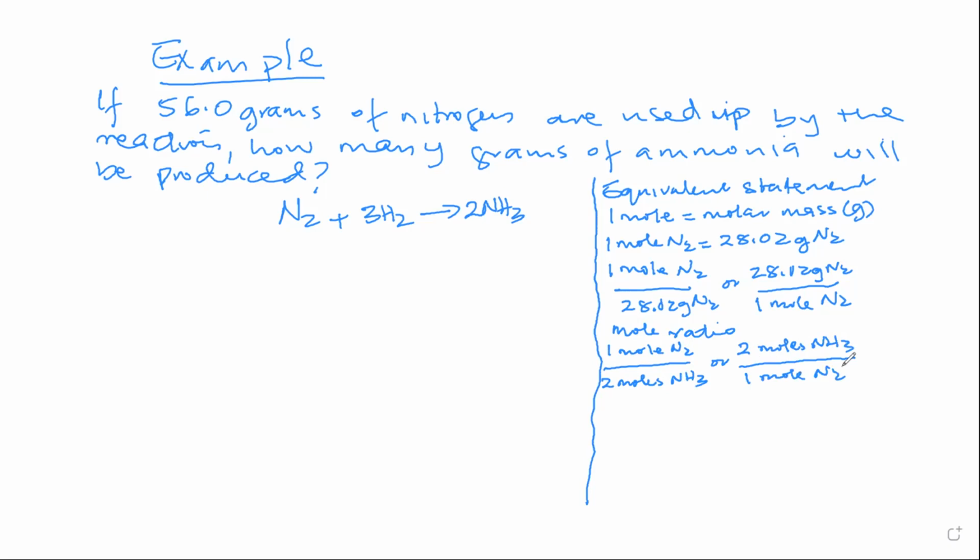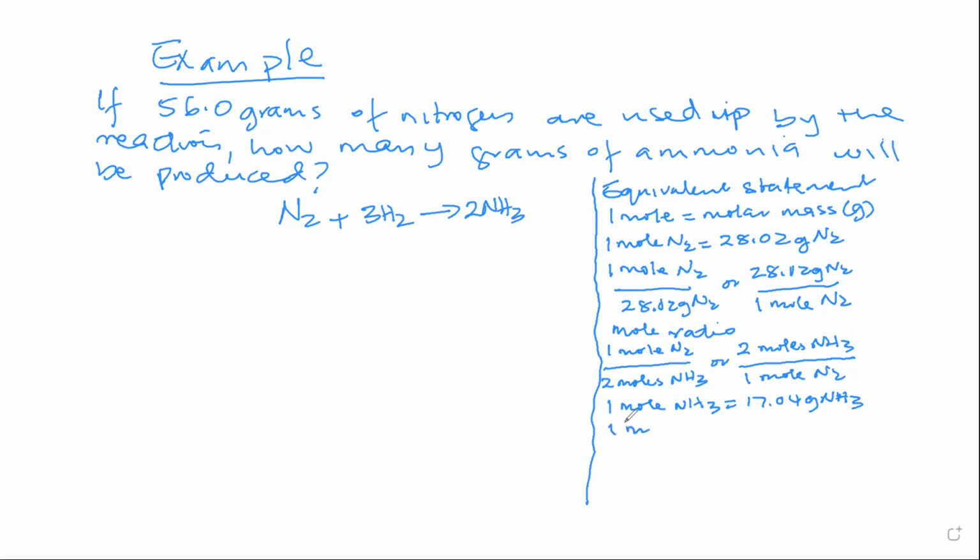We find the molar mass of ammonia. So 1 mole of ammonia is equal to 17.04 grams of ammonia.